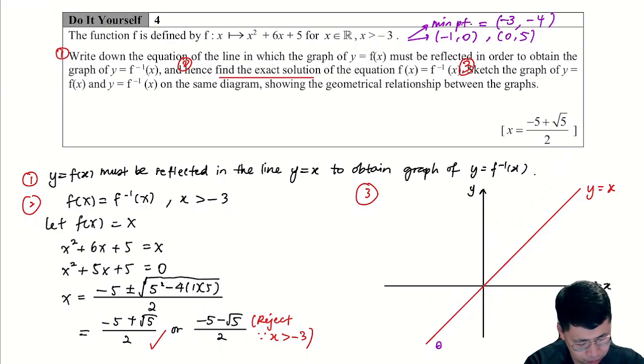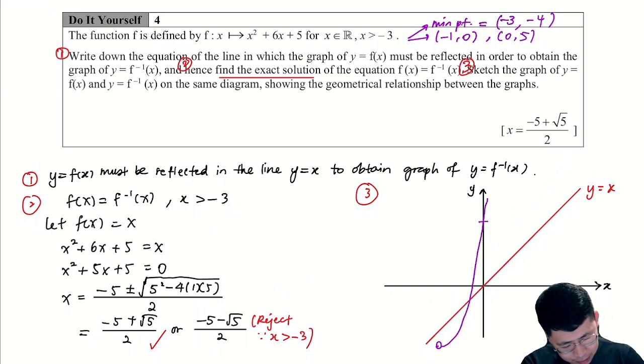And then the graph would be from here leading up. Okay, so this one over here is going to be 5. This one over here is negative 1. And this one over here is going to be negative 3 and negative 4.